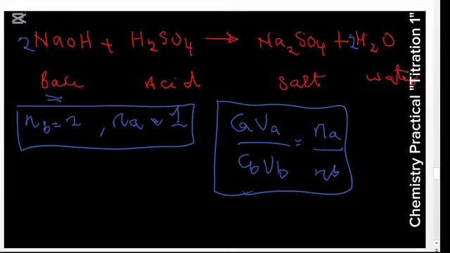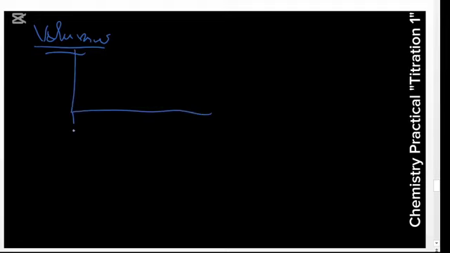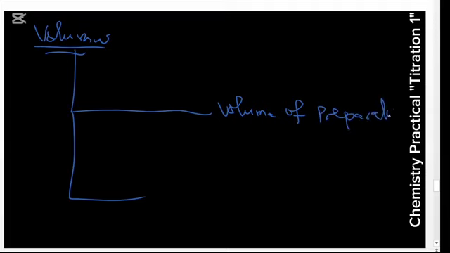But before we leave this, there are two types of volume I need to talk about. So the volumes that you are going to encounter. So we have volume of reaction and volume of preparation.